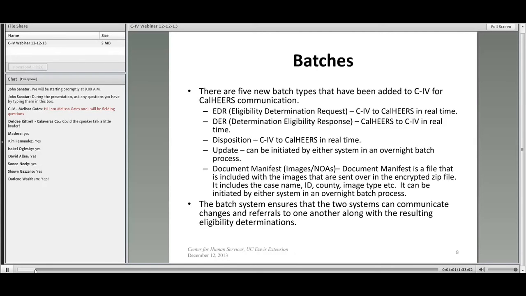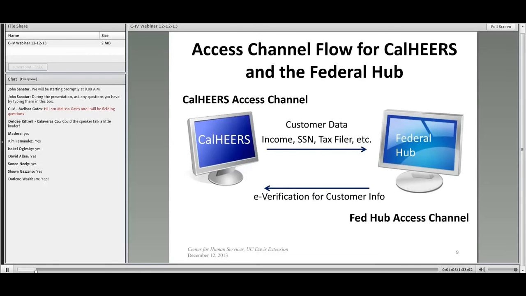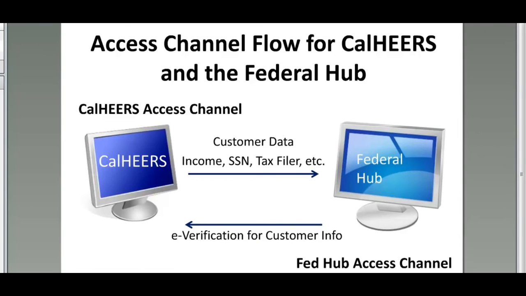So here we're seeing how the information flows from CalHEERS. Our Covered California agent has been working with a consumer for them to get their health insurance. So they've gathered all the customer data and sent that information to the federal hub. And then the federal hub has taken that information and compared it to its databases and then sent back e-verification to the customer or to CalHEERS.